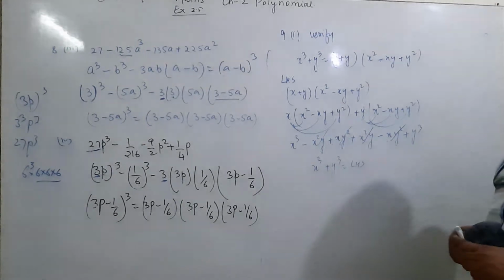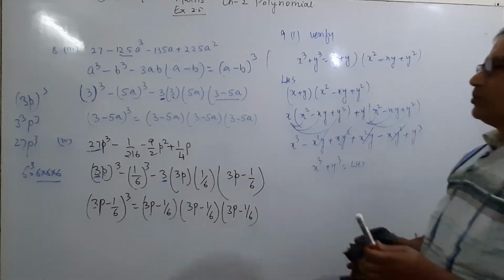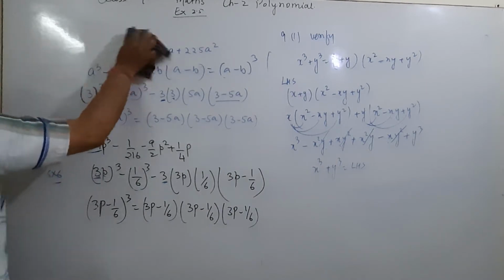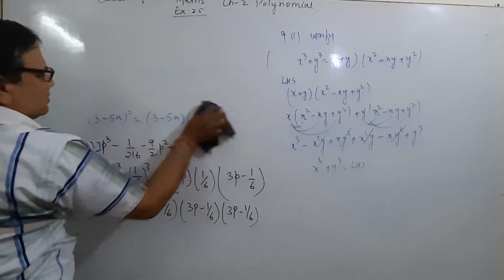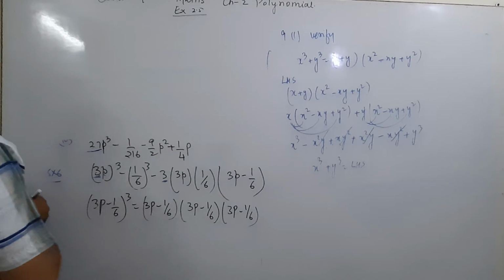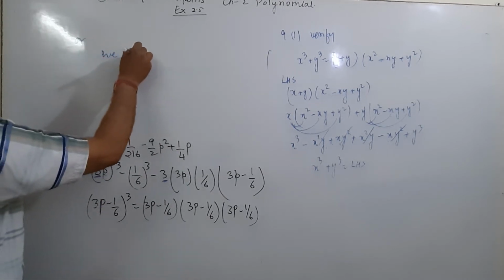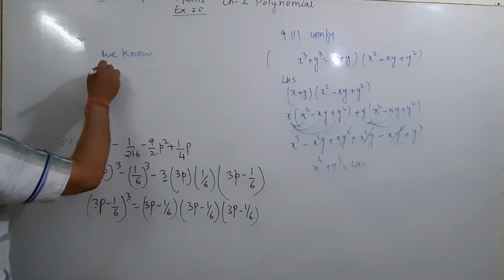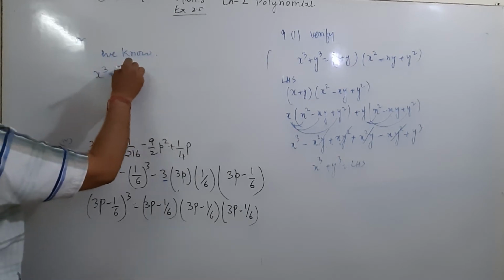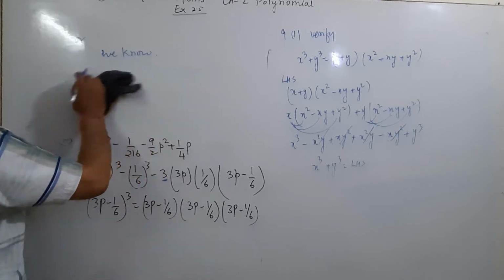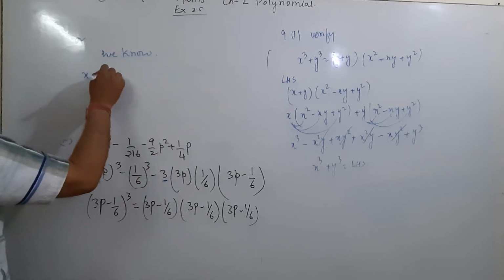And the second method you can also do, check how we can solve it. Second, we know x plus y whole cube. Do you know the formula of (x plus y) whole cube?